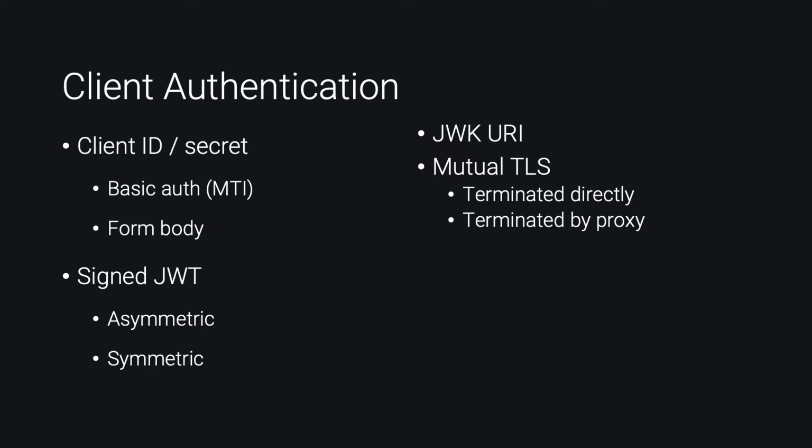When it fetches that JSON Web Key URI, it will have HTTPS there and be able to validate that endpoint using a certificate authority that the authorization server trusts, and in that way know that the key being published from that URI is legitimate. There are also other ways, including mutual TLS. And I'm going to describe that to you in the next bit of the presentation.